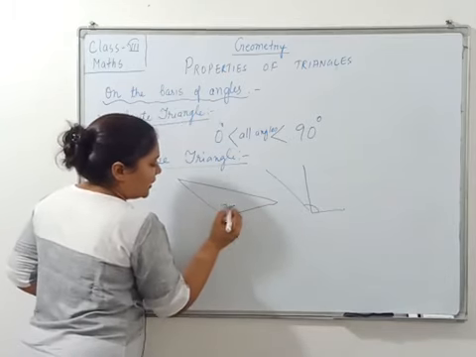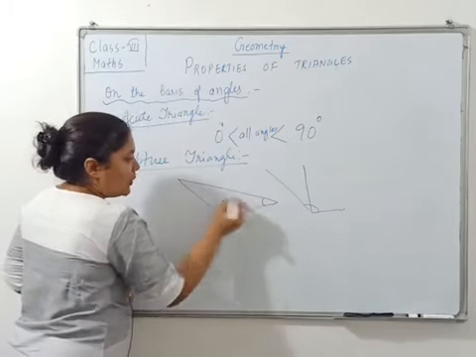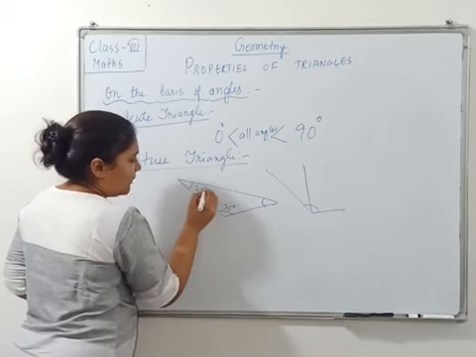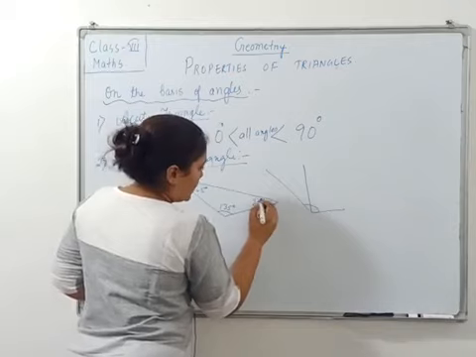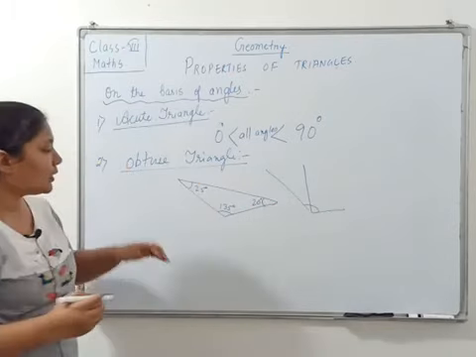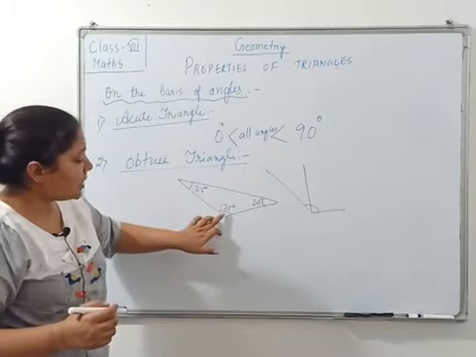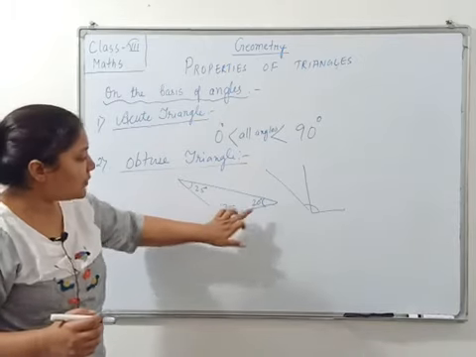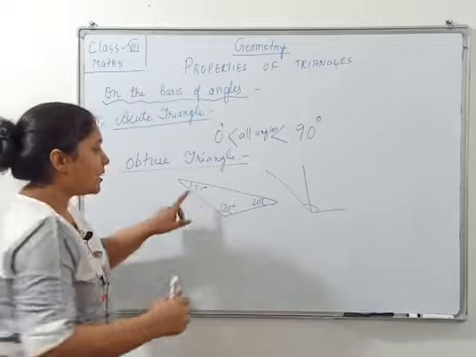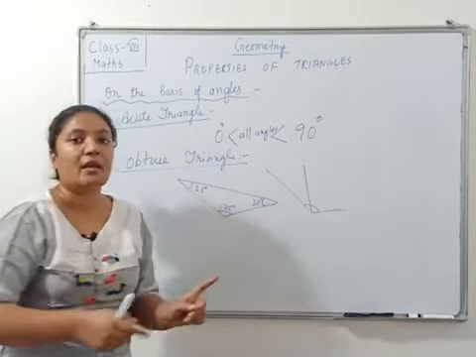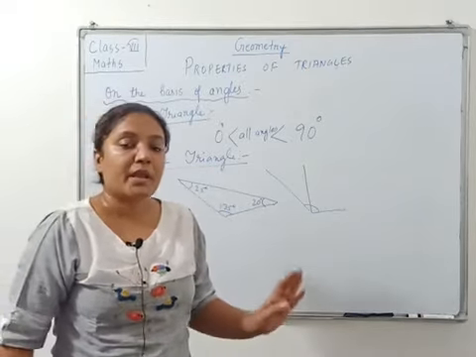Suppose if it is 135, okay? And other two angles are less. Suppose this is 25 and this is 20 degree. Now you see, out of these three angles, if one angle is more than 90 degree and the other two angles are less than 90 degree, that is called obtuse angle triangle.